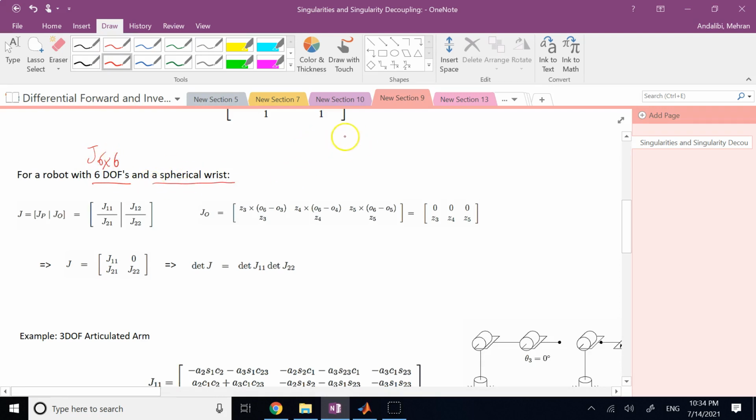So the axes of the last three joints are all intersecting at a single point. If you remember, we called it what? The wrist point. Very well. Then this 6 by 6 J, if I write it as 4 submatrices, J11, J12, J21, J22, each one of them is a 3 by 3 matrix. Okay?